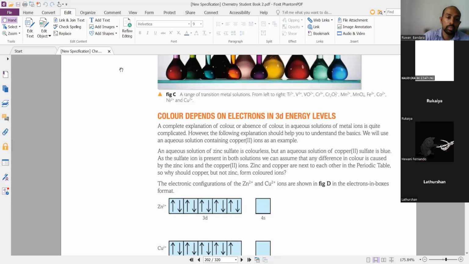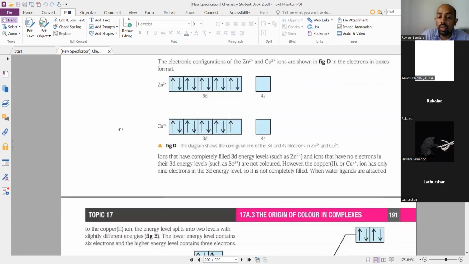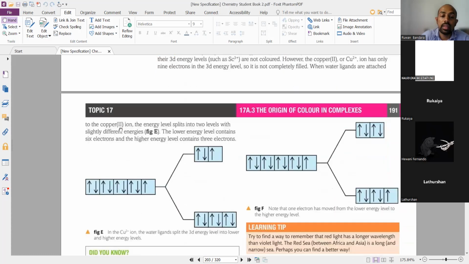Now, we know there are 5 d orbitals. They are like this. That means all of them have the same energies, right? But because of the ligands, these d orbitals will be split into two different energy levels. That means one lower and one higher, like this.